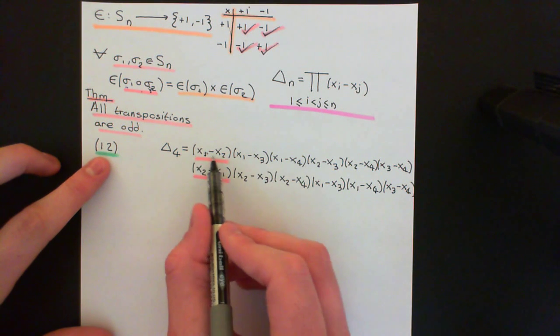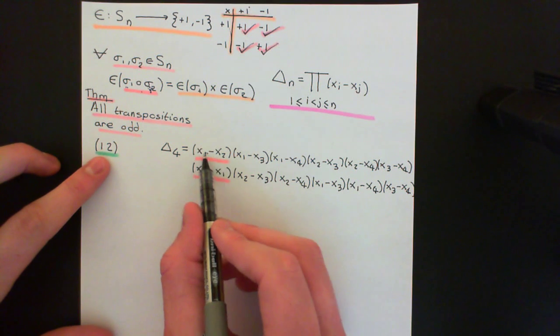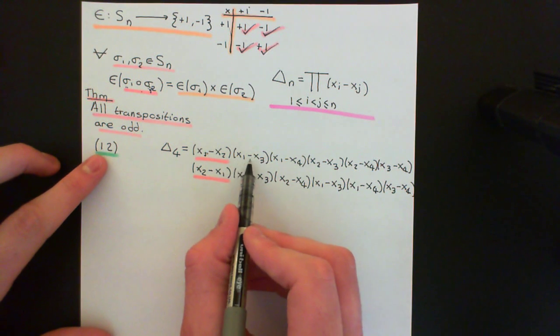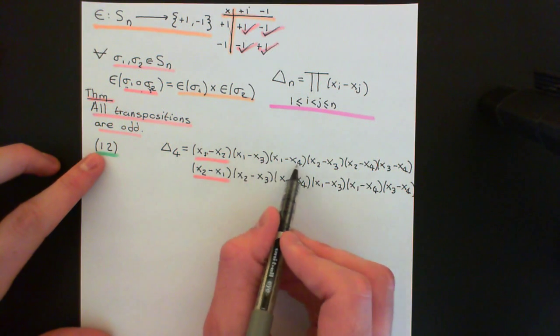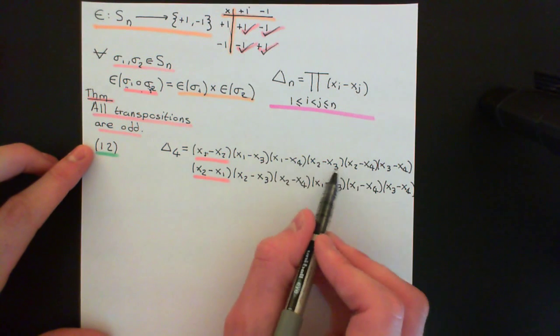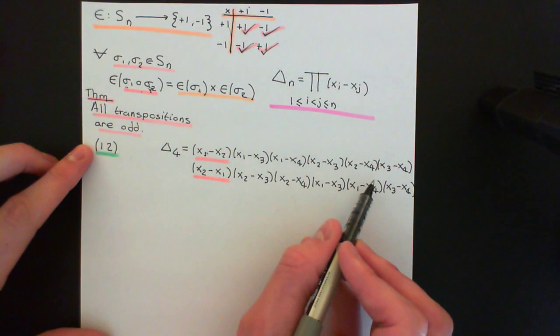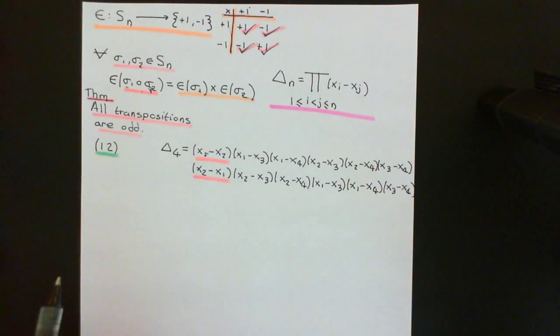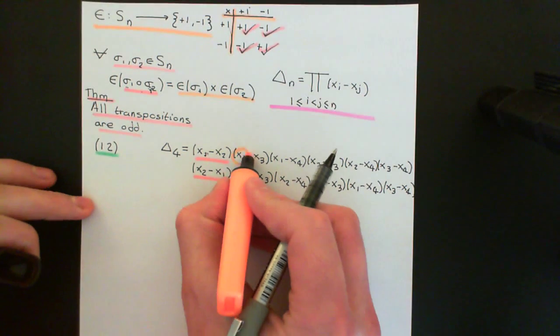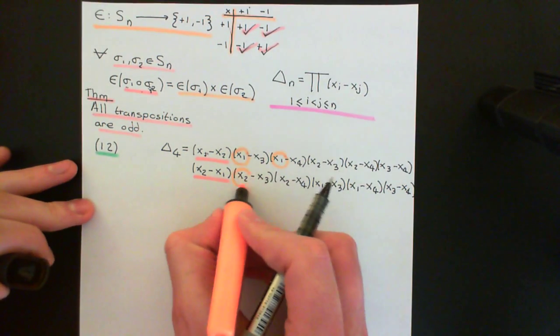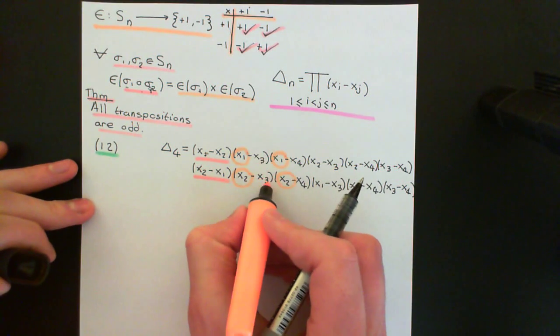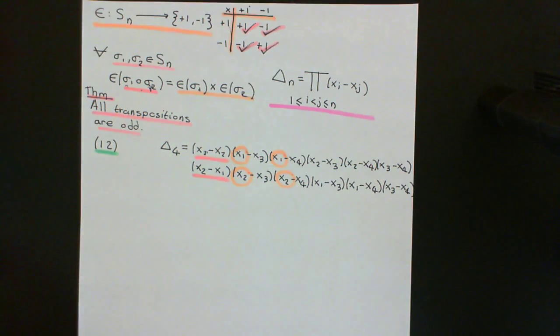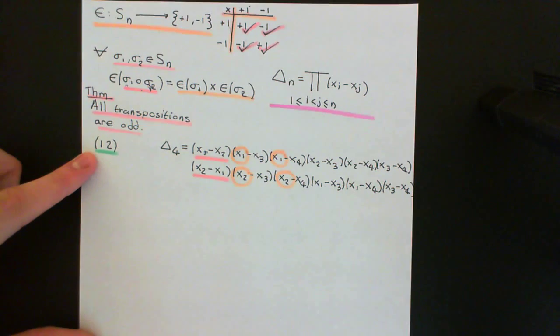Now the only one that's going to flip from doing that is the one where you've actually got x2 here, so you've got x1 - x2. All the other ones, so x1 - x3, x1 - x4, and more generally on to x1 - xn, are not going to flip, because all you'll do is change x1 to x2, and that doesn't make any difference because x2 is still smaller than all the rest of these. So those aren't going to flip. The only one that's going to flip is x1 - x2.